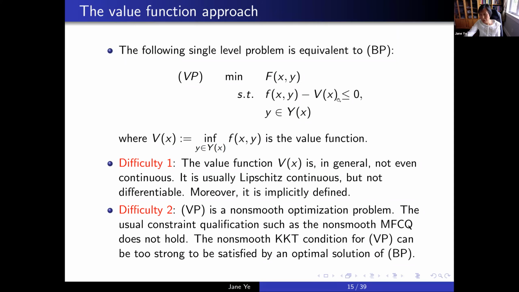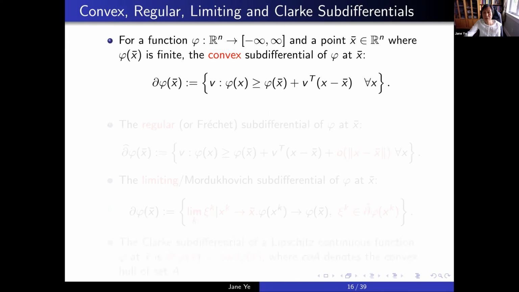Then we need some replacement for the gradient. There are some replacements for the gradient. Say this is the convex subdifferential. For example, think about the typical non-smooth function, like the absolute value function.